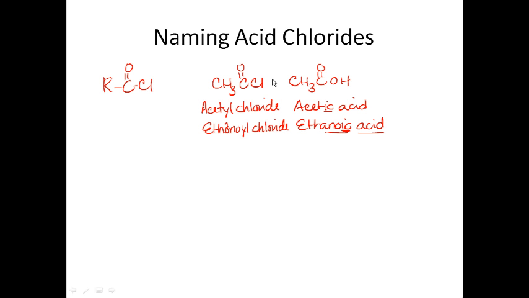So we can name these either with common names or the IUPAC names. So that's the basics: name the carboxylic acid, remove the ic ending, add a yl, and then add chloride. If this is a bromide, it would be acetyl bromide or ethanoyl bromide. So naming acid chlorides is relatively straightforward.